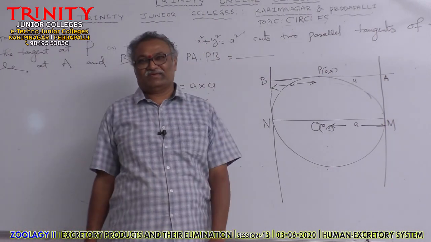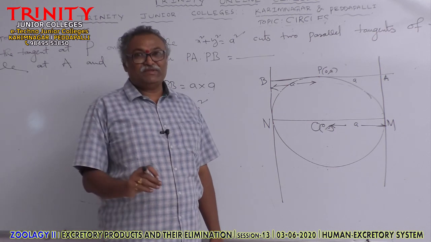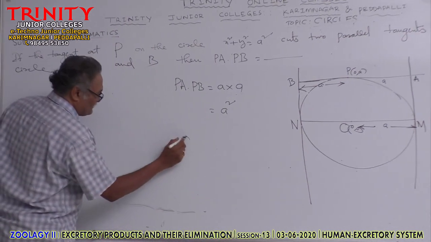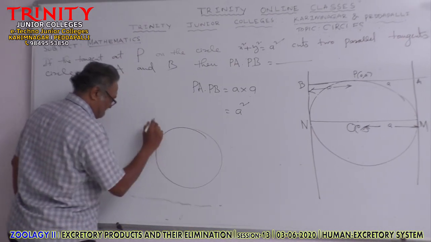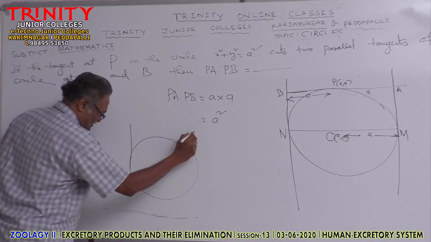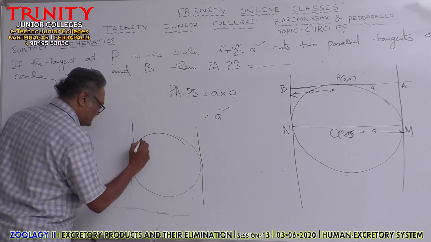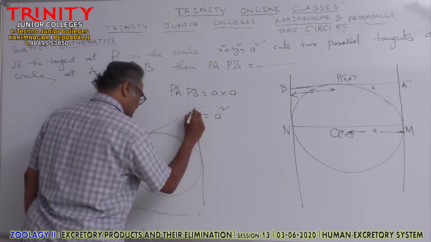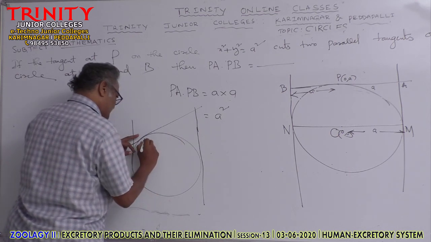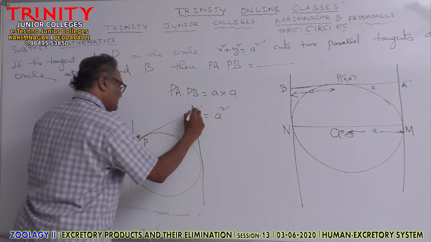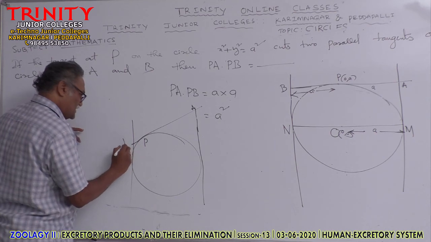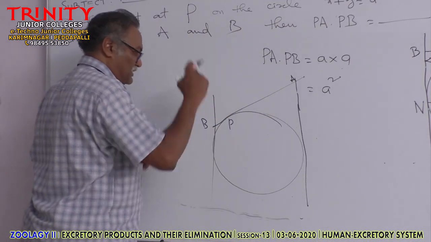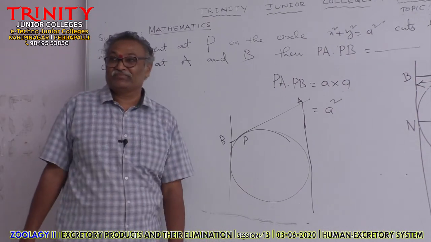That is the answer. If we take the point P like this, take the point here. It is the tangent at this point. It intersects these tangents at A and B. Then PA into PB, how to do this?